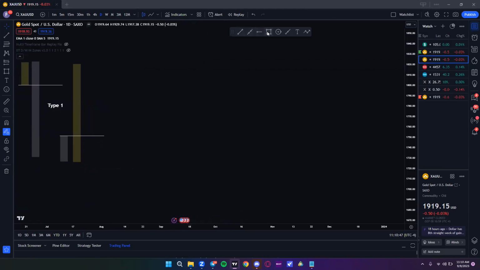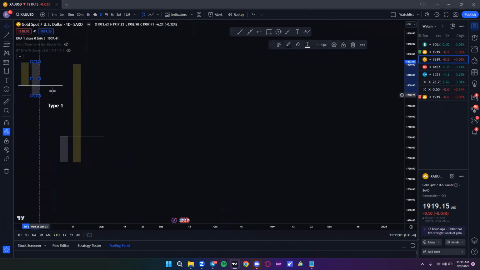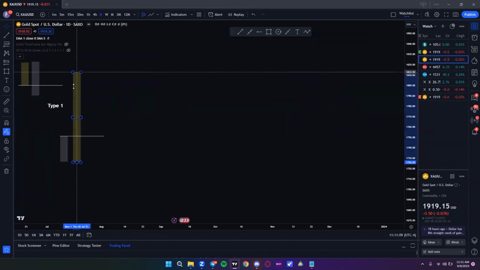For type 2, it's very similar to what this is, but do you see how it takes only one candle, regardless of it, consuming the previous open of the candle, the whole candle?